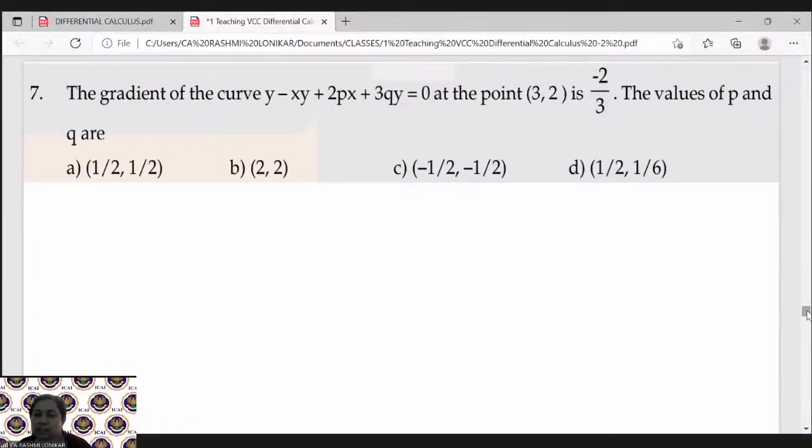Now the gradient of the curve is given like this. At the point 3, 2 it is minus 2 by 3. Find the values of p and q. Okay.